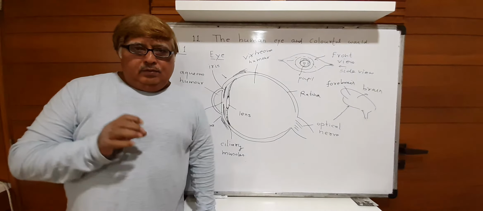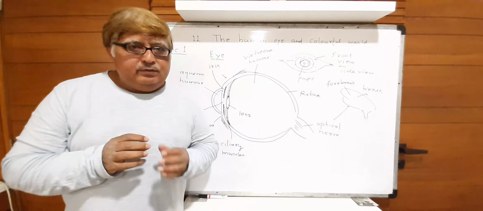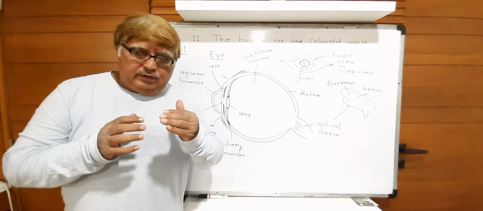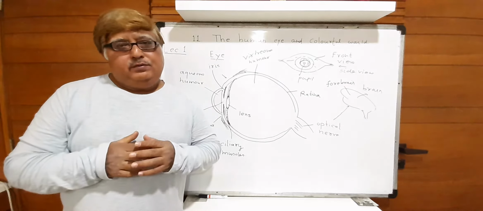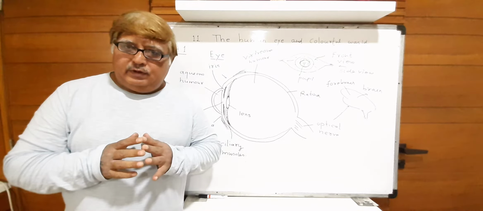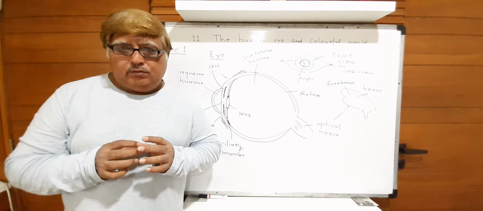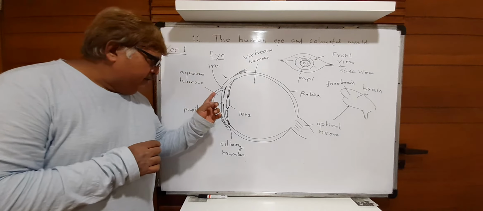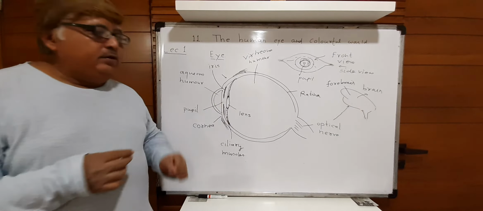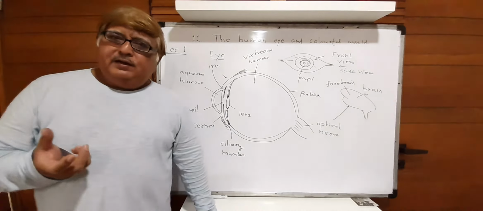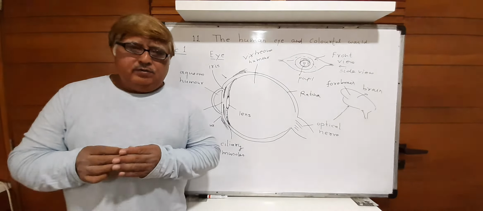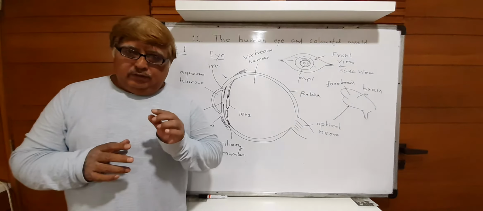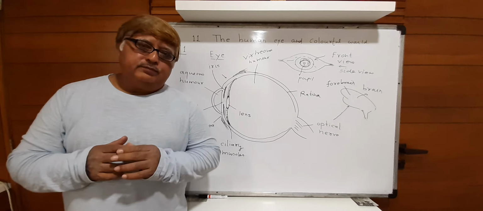Whenever the iris muscle relaxes, it tries to increase the size of the pupil, and whenever the iris muscle contracts, it tries to decrease the size of the pupil. Why is it required? Why do you need to increase or decrease the size of the pupil?